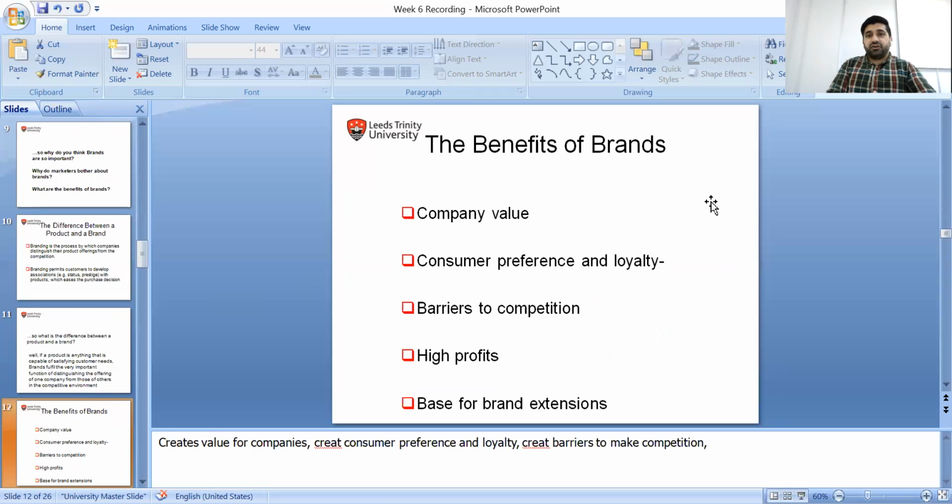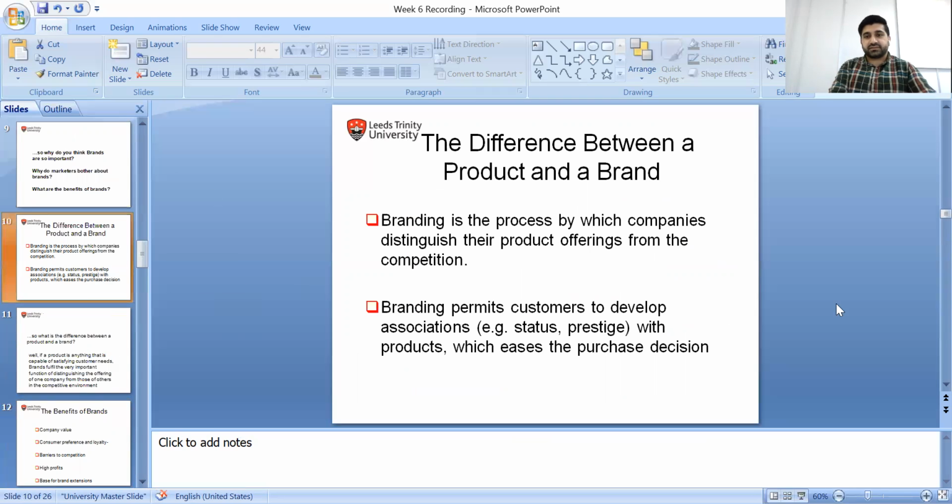Now, the benefits of brands. I think we have left one slide. Yes, the difference between product and brand. Sometimes people ask whether brand name and product are the same thing. But no, there is a difference between product and brand.